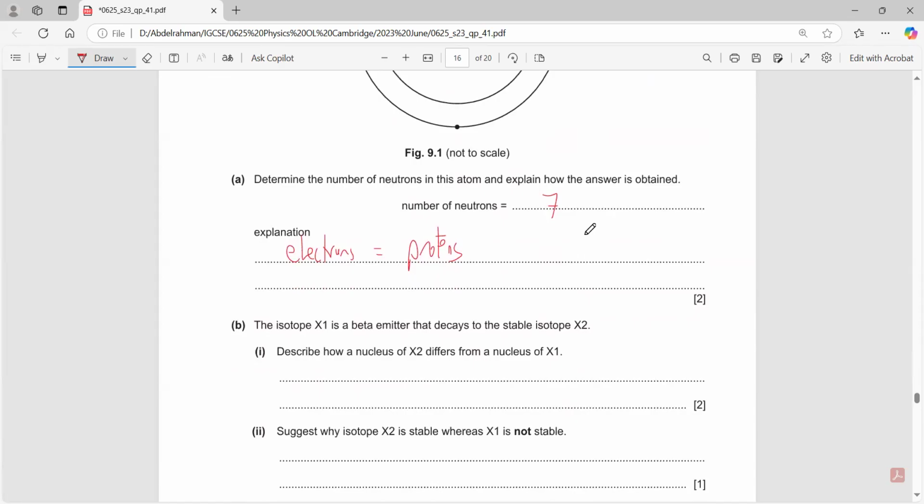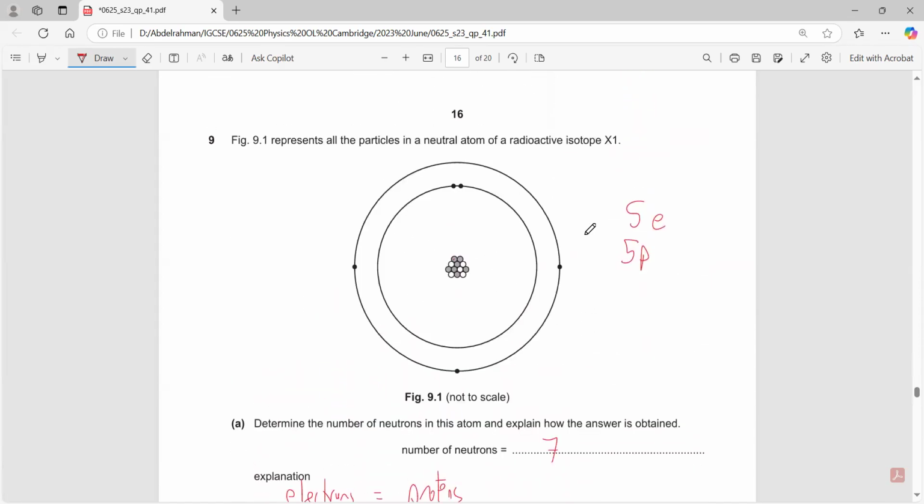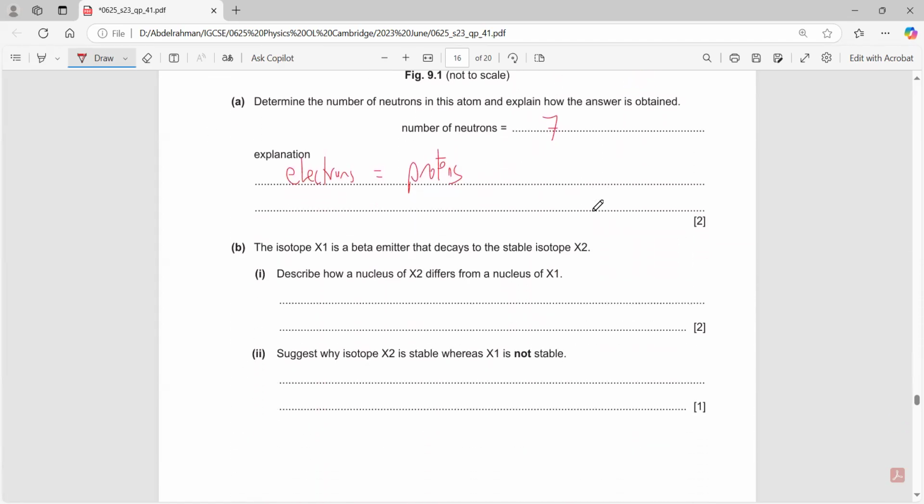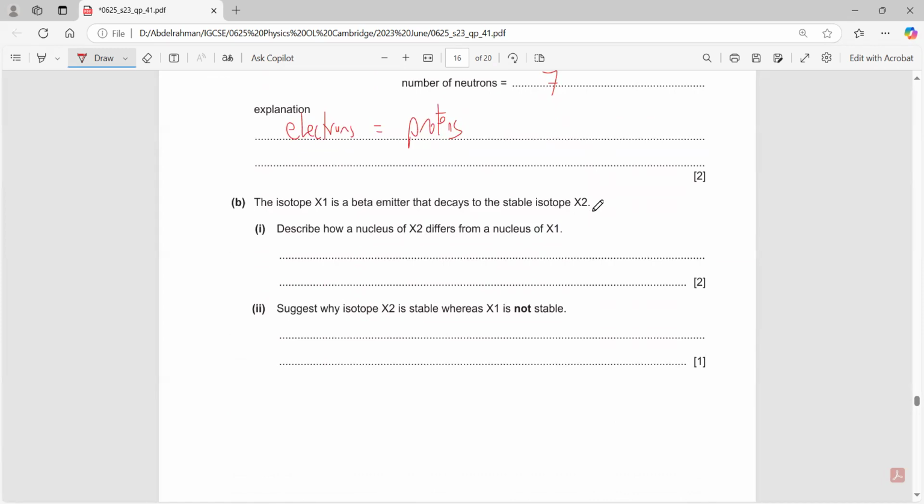Isotope X1 decays by producing a beta particle. How is the nucleus of X2 different from the nucleus of X1? As it produces a beta particle, what happens to the number of protons?